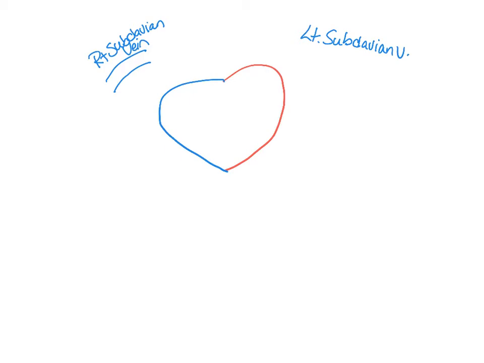Now, if you remember, these veins are going to drain into their respective brachiocephalic veins. There are other blood vessels draining in here, and then that becomes the brachiocephalic vein. So we have the brachiocephalic vein on the left, and the brachiocephalic vein on the right.